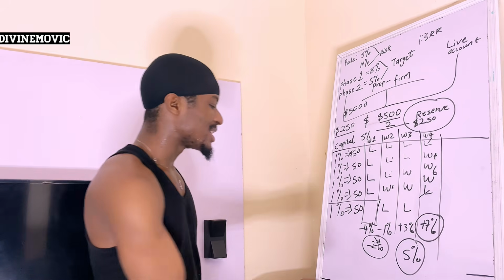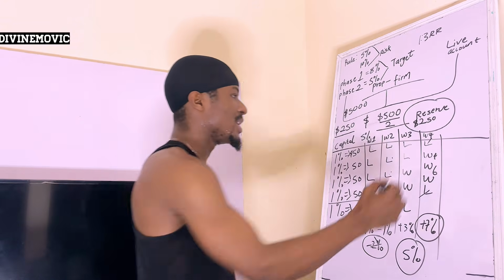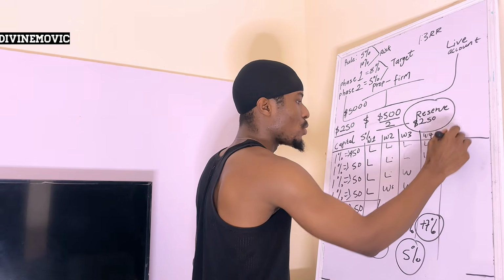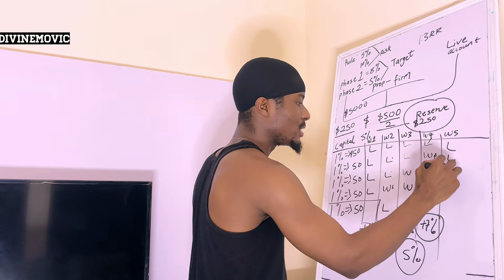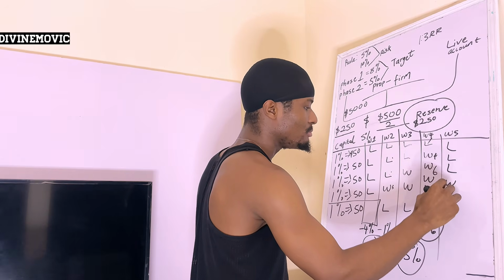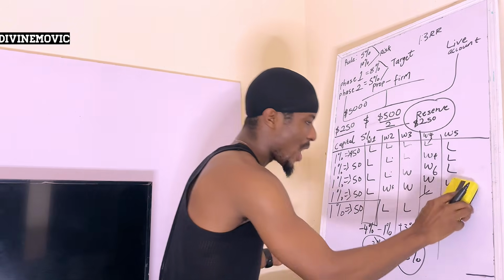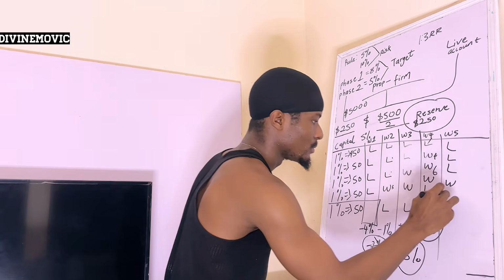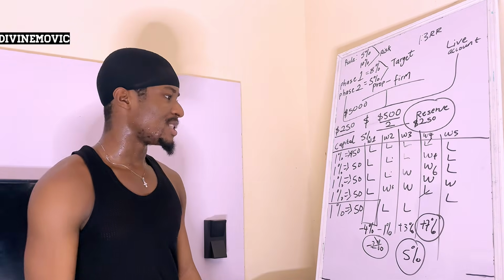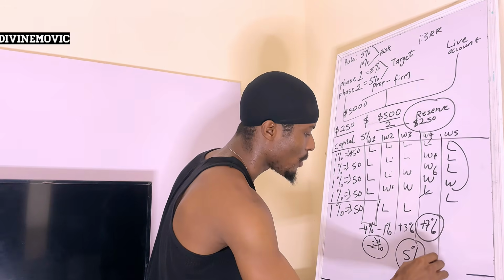Now we simply need 3% to pass this Phase 1. And maybe on Week 5, we had a loss, maybe a win, and maybe another win, but as it can be, we had a loss. It simply means at this place, we're only down minus 4%.